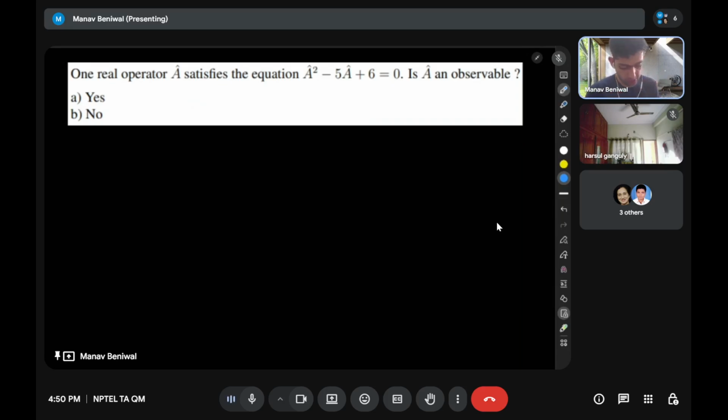So they are saying that we have an operator A which satisfies this equation, and they are asking if A is an observable. When is an operator observable? How do we check it mathematically?